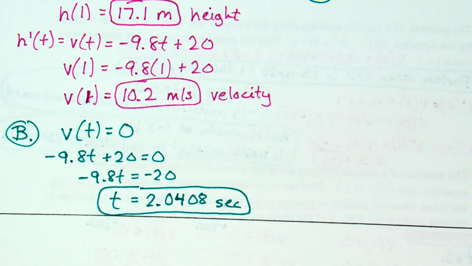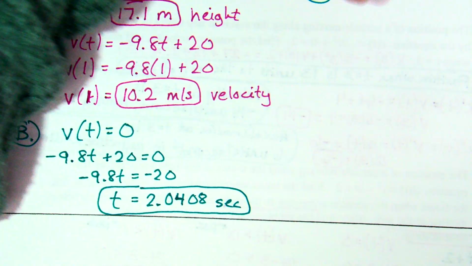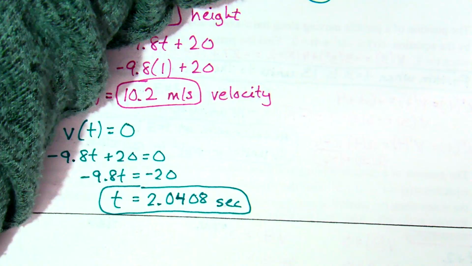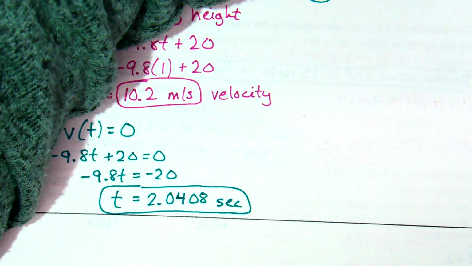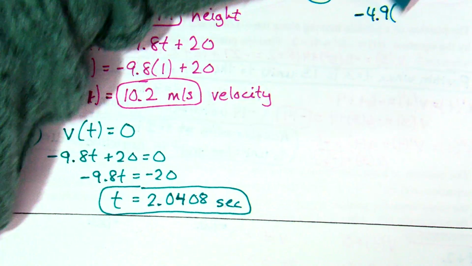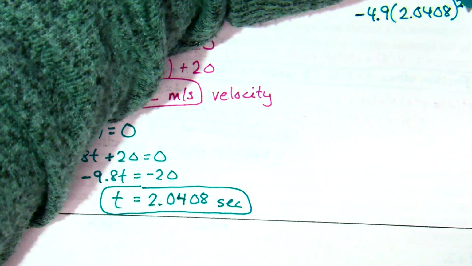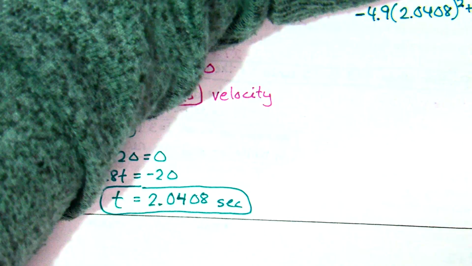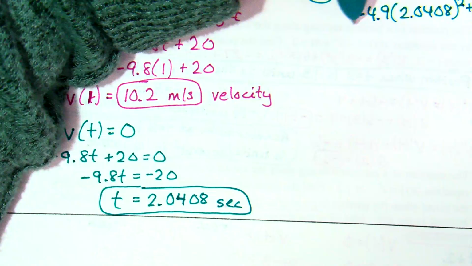Okay, so take that time that we just found and plug it into the height equation. So we're doing the height of the original equation at 2.0408. So the negative 4.9 times 2.0408 squared plus 20 times 2.0408 plus 2.